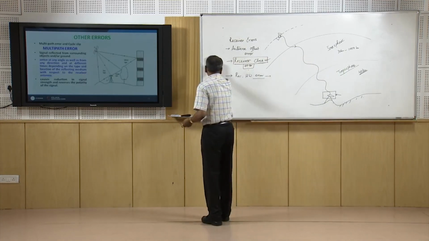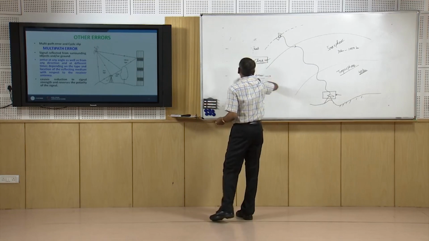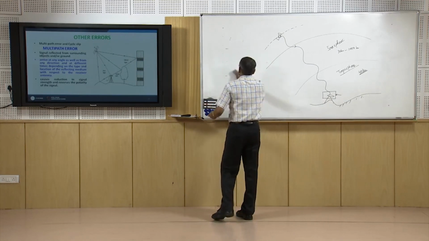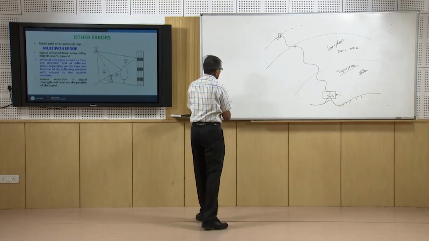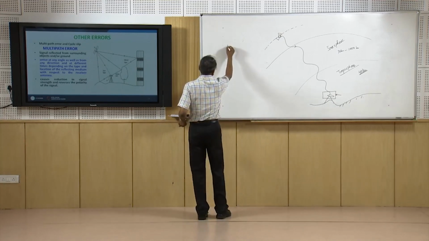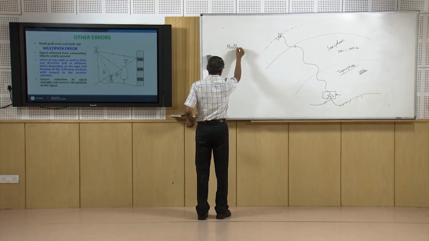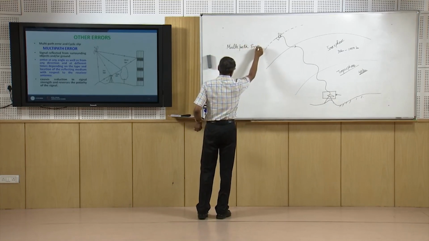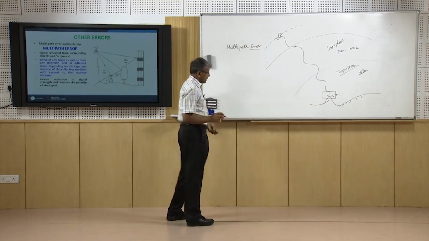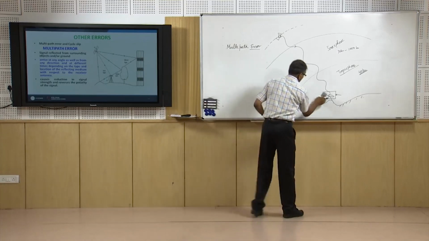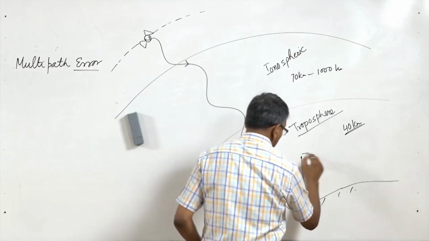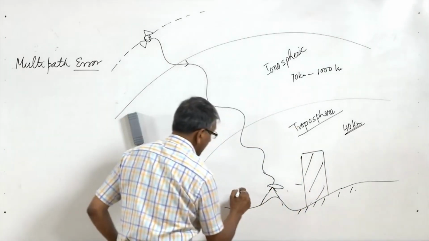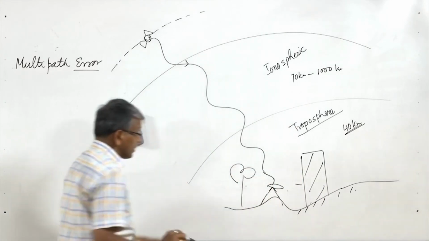Other than that, there are two more important errors which are to be taken into account. One is called multipath error. Multipath error is caused due to the presence of trees or buildings around the GPS observation.